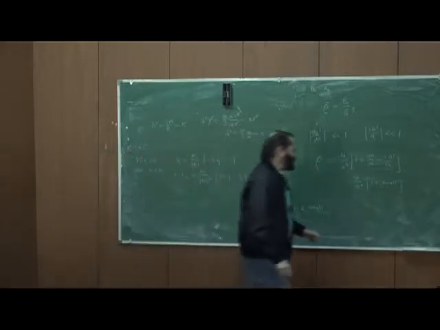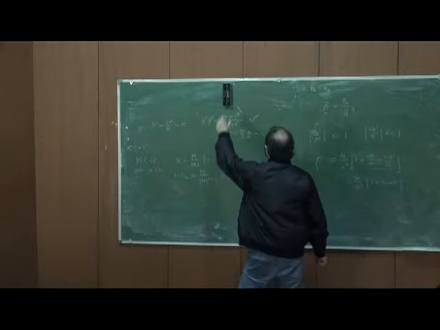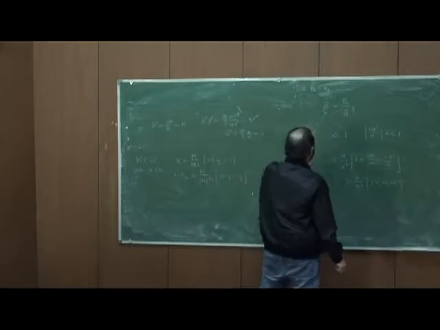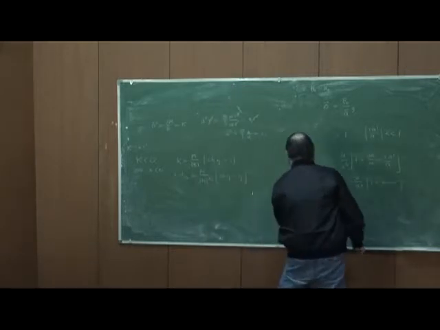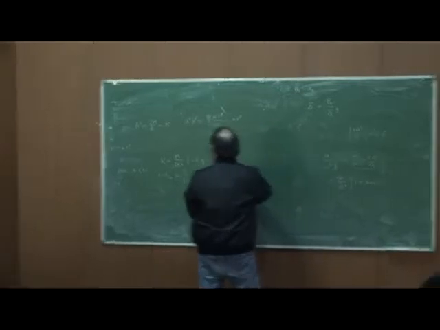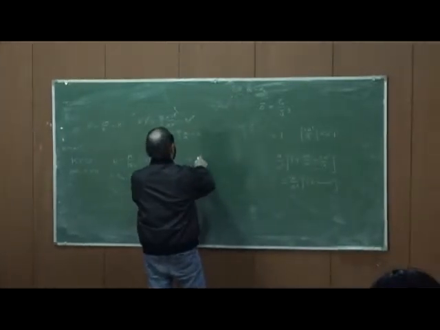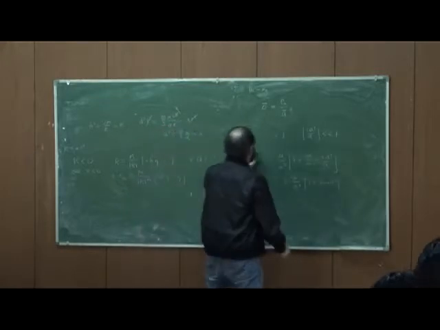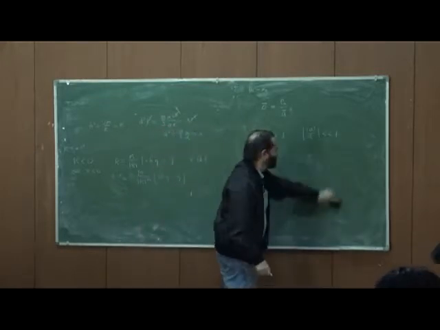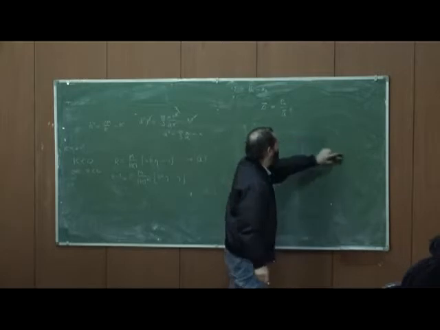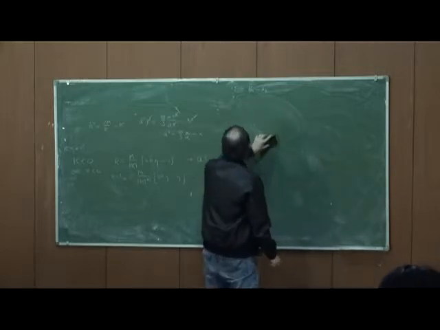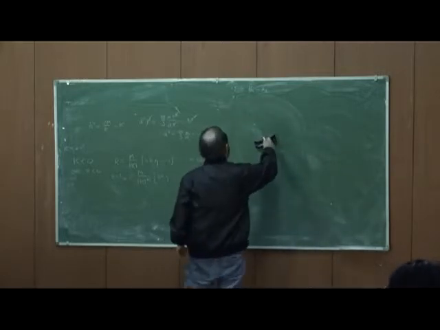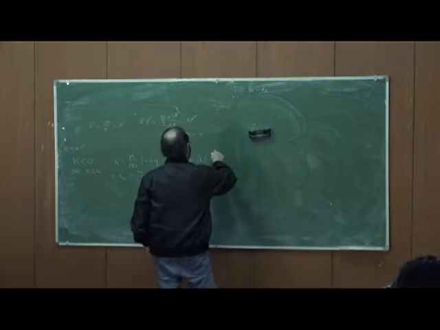Now, immediately, we see that this is A times R. Then what is N? We have this.